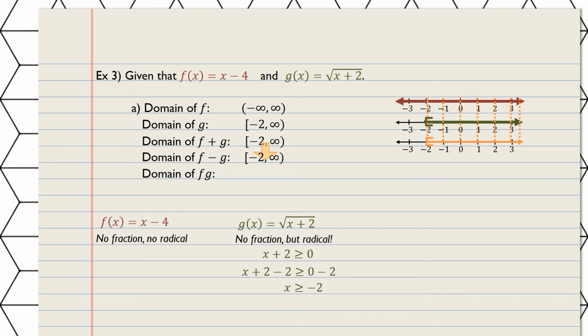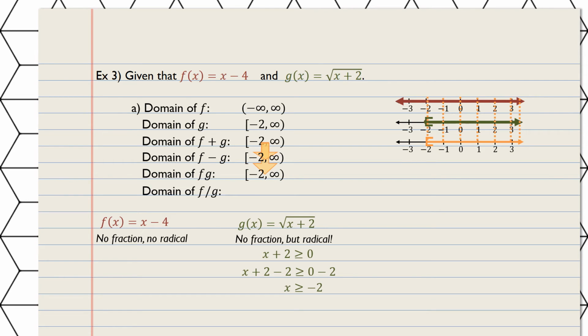The domain of f times g is what we're looking for now. Now recall, f times g is also the intersection of the two domains, which means it will also be bracket negative 2 to infinity.